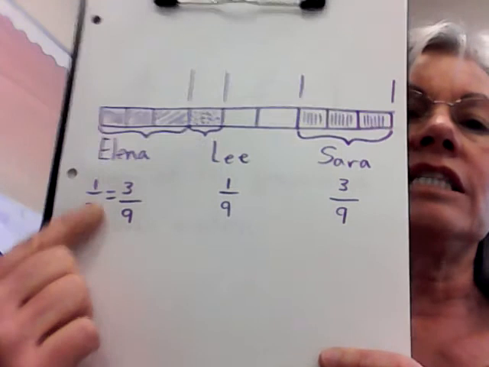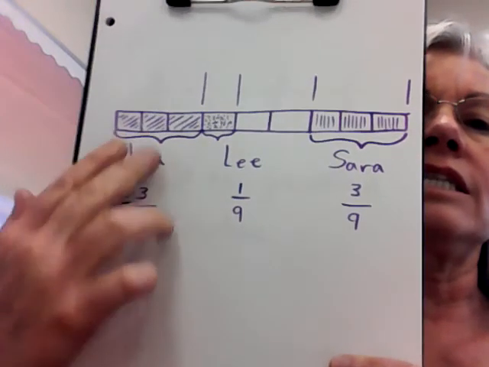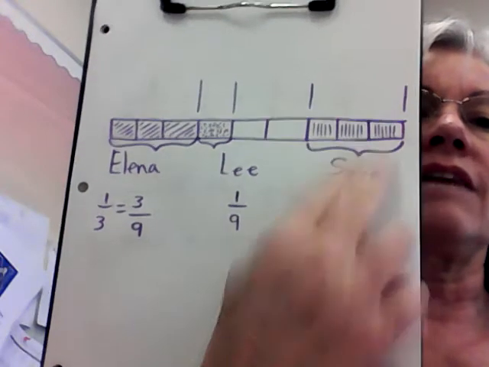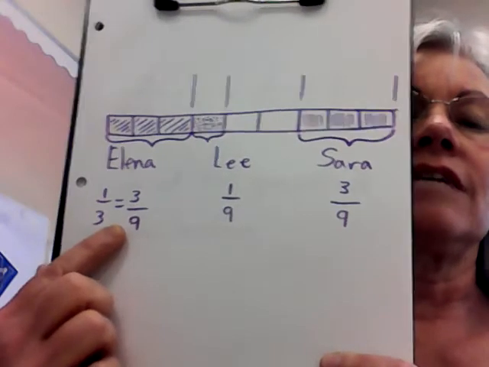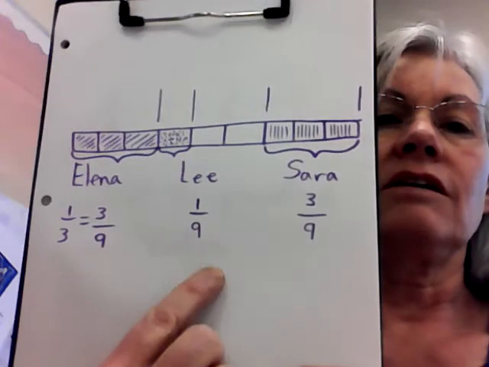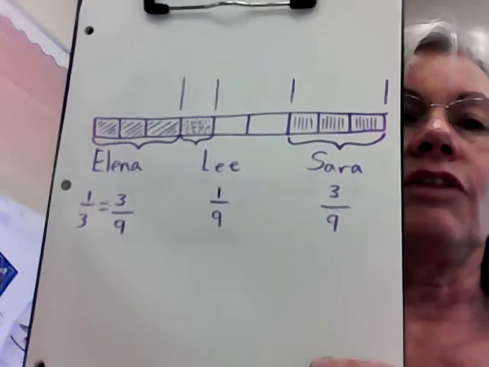1/3 is the same as 3/9, because we can have 3/9, 3/9, and 3/9, and that would make a whole. So it takes 3 sets of 3/9 to make a whole grapefruit. Lee is only having 1/9 of the grapefruit, and Sarah is eating 3/9.